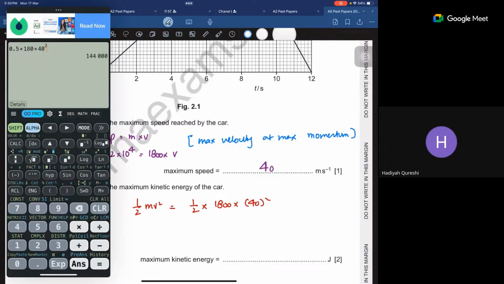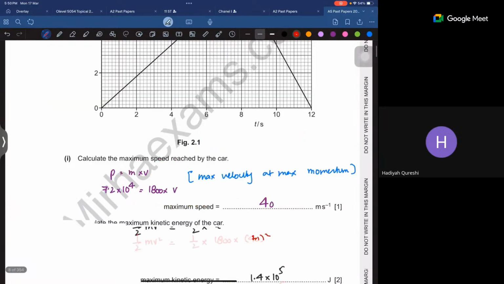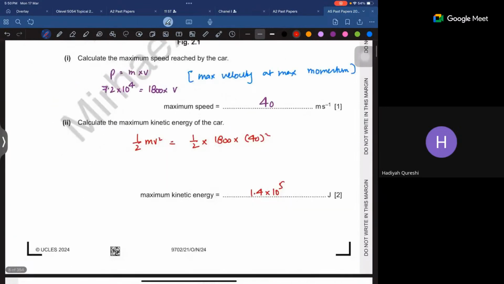You can write it as 1.4 times 10 raised to power 5 joules. Now I did take it in two significant figures because everything else is in two significant figures, and I want to carry that. All right, so please remember that. That's important.